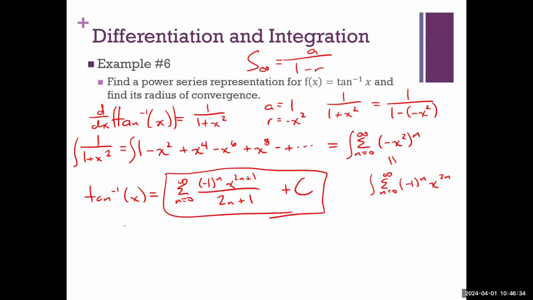How do I find that with these kinds of series? Right, so basically it comes from the common ratio. I want the absolute value of the common ratio to be less than 1, which means the absolute value of negative x squared is less than 1, which means the absolute value of x squared is less than 1, not equal to 1, less than 1.